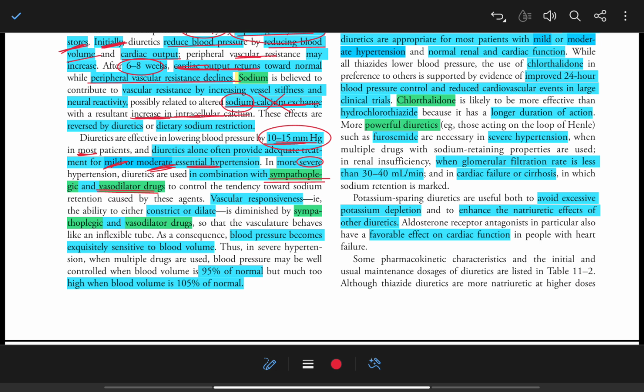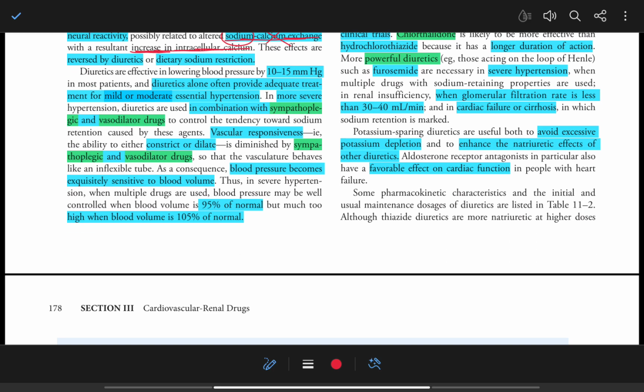Now, the idea behind using these drugs is that there's a problem there, in the sense that if you are using sympathoplegic agents and vasodilators, your blood vessel will appear stiff, in the sense that sympathoplegic agents will prevent vasoconstriction from occurring. Then vasodilators will keep the vessels dilated.